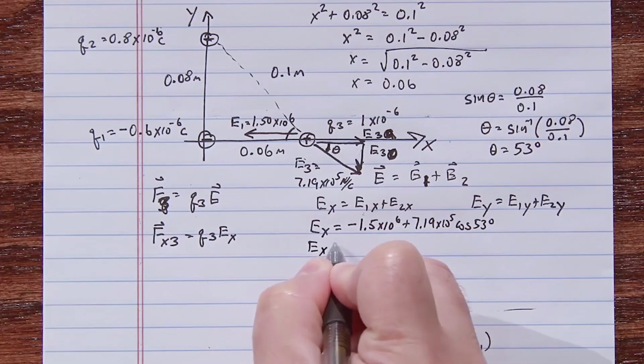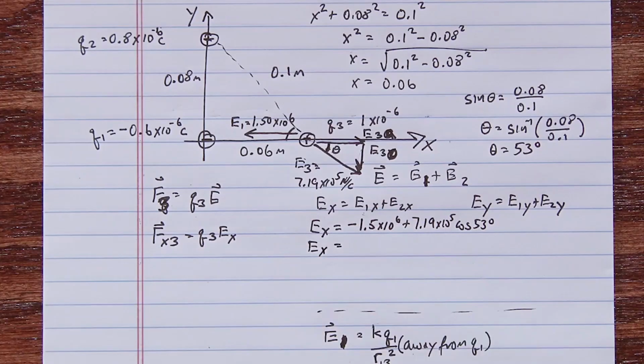So the electric field in the x direction is negative 1.5 times 10 to the 6 plus 7.19 times 10 to the 5 times cosine of 53 degrees.